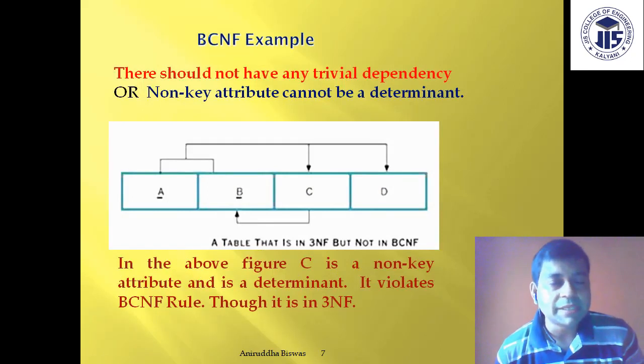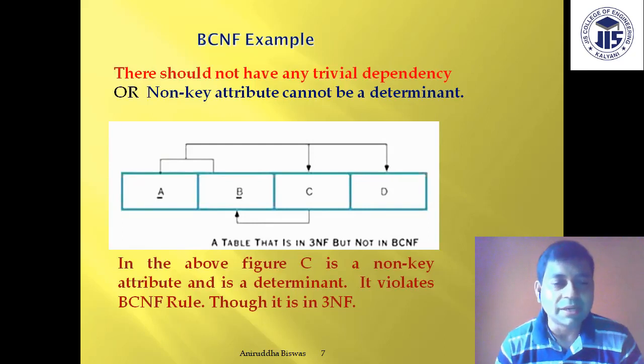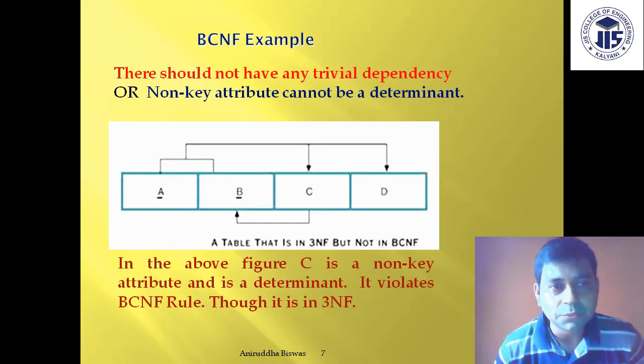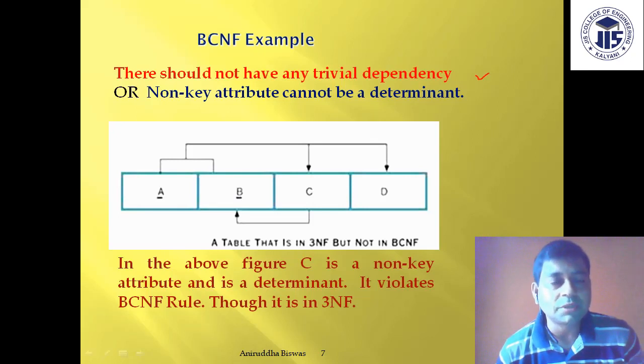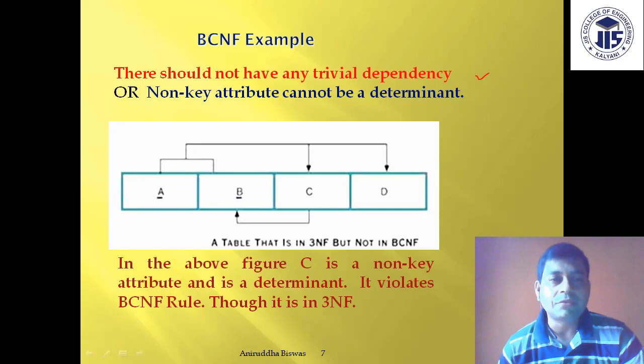Now BCNF is one of the most confusing and difficult concepts in DBMS, but let's make it simple. The first thing I would like to tell you is that there should not be any trivial dependency. And the second thing is that a non-key attribute cannot be a determinant.